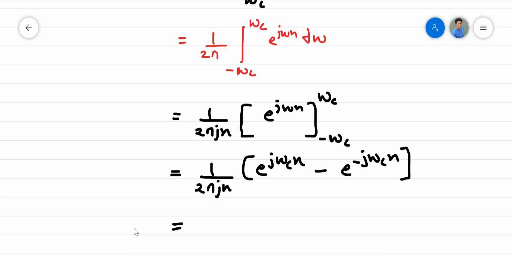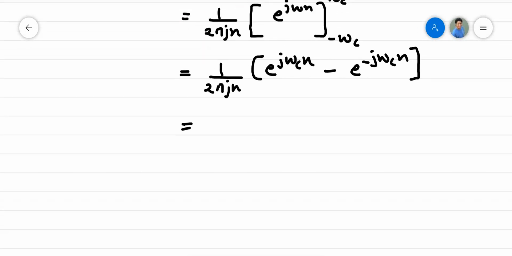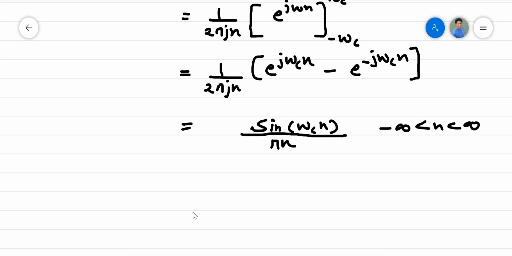By arranging this equation you can easily see that 1 by 2j, exponential j omega c n minus exponential minus j omega c n, is nothing but sine of omega c n, so we get sine of omega c n over pi n, where n is defined from minus infinity to infinity.